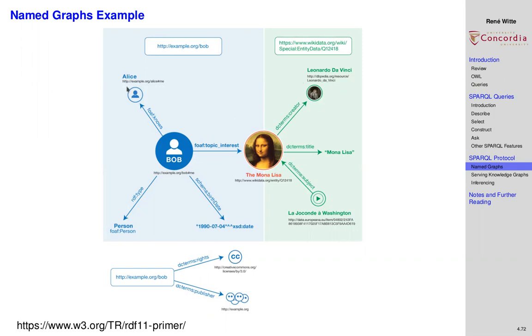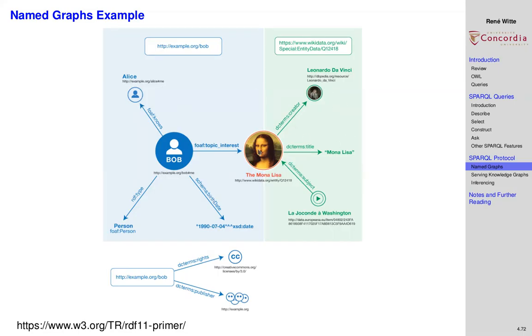The first graph holds all the data about Bob. So this is something you might have in a social network. Now, Facebook might keep knowledge about Bob, what Bob is interested in, what Bob liked, and who Bob knows in its internal knowledge graph. And we'll come to the Facebook graph specifically in the next lecture.